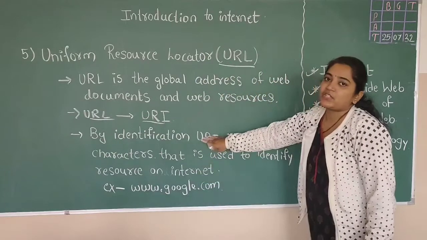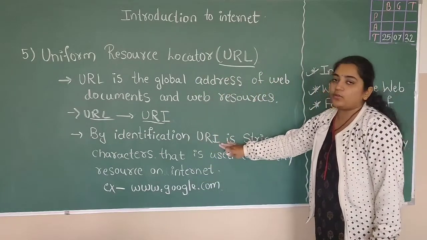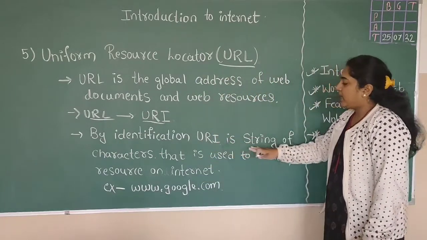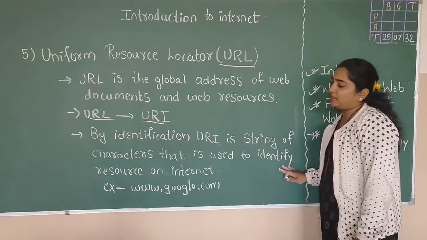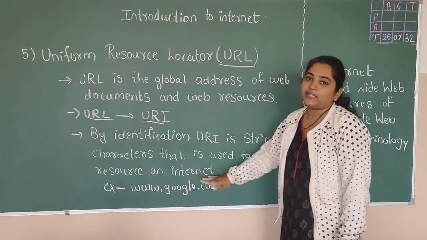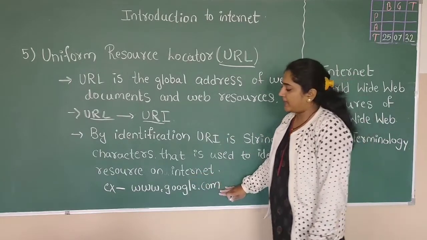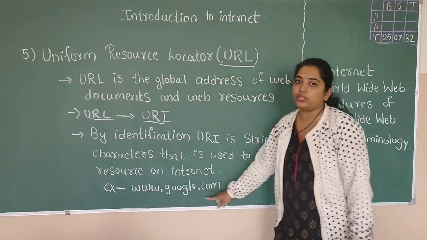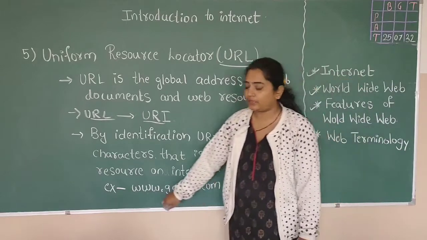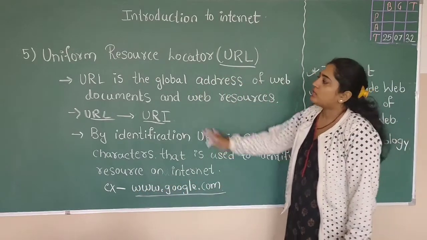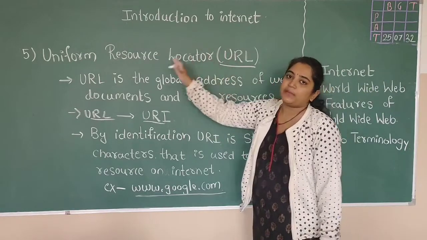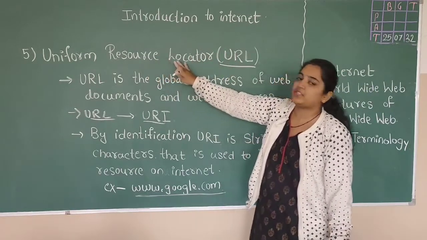The URI, Uniform Resource Identifier, is a string of characters used to identify the resource on the internet. So some example is like www.google.com. This is a string of characters. So what is URL? URL means Uniform Resource Locator.